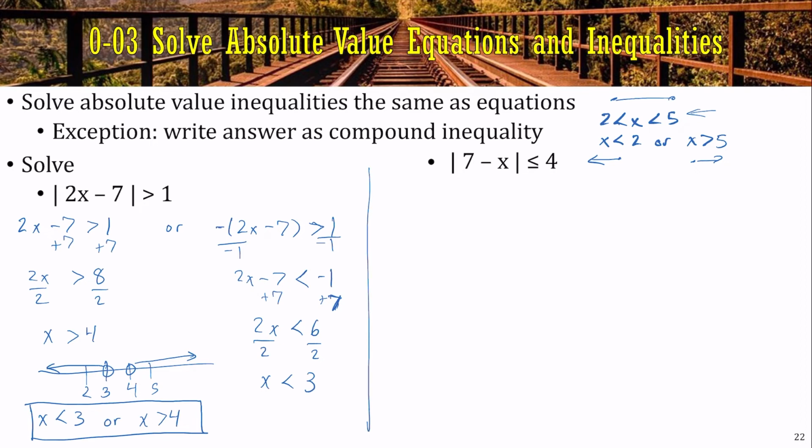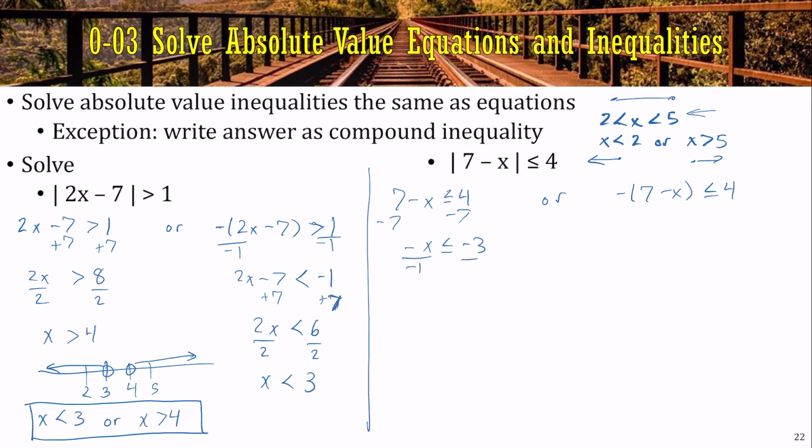Same process. First equation or inequality, the absolute value stuff is positive. Second one, absolute value stuff is negative. All right, the first one, let's subtract 7 to get the x by itself.